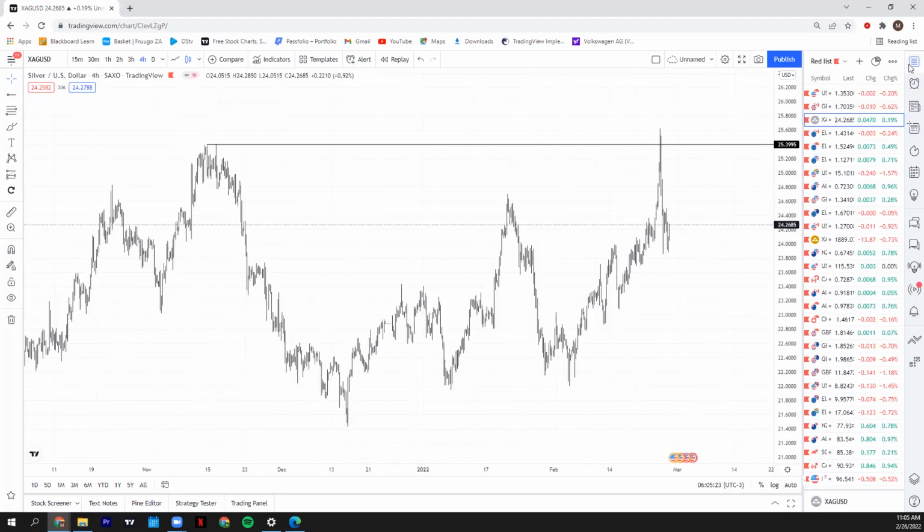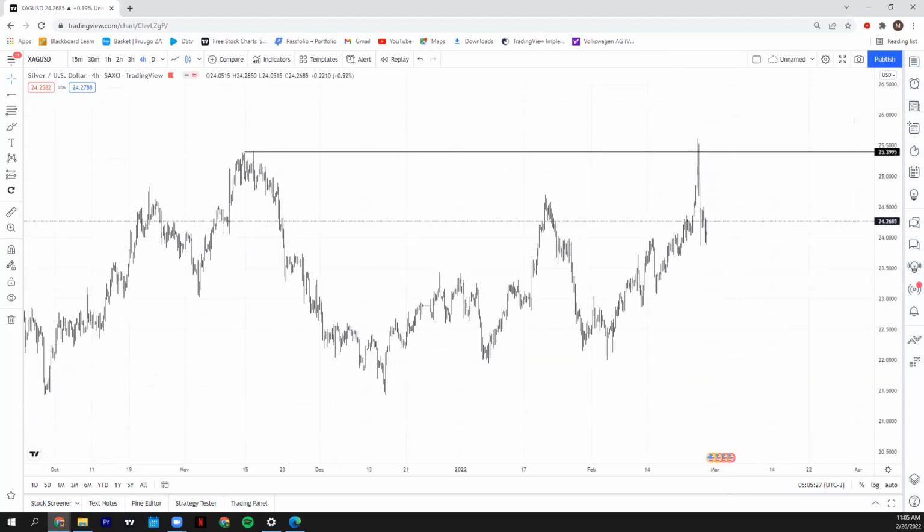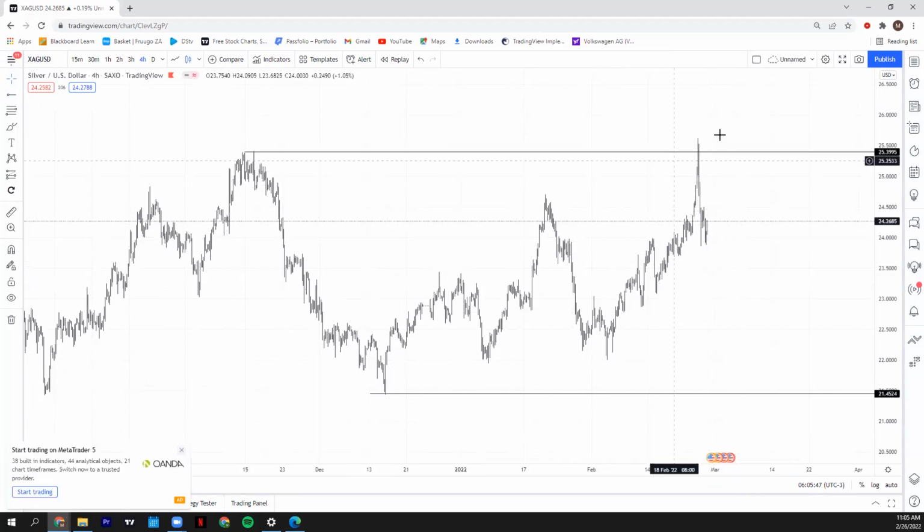With that said, let me just maximize my screen. We can move on to the lowest low. With these 2 points or levels drawn, we can predict that the market was going to go down because of this reversal confirmation right here.